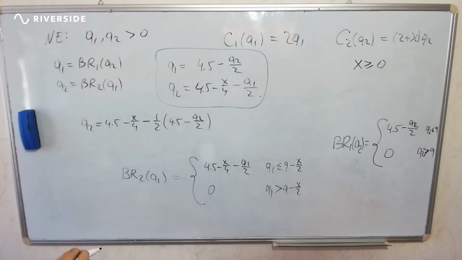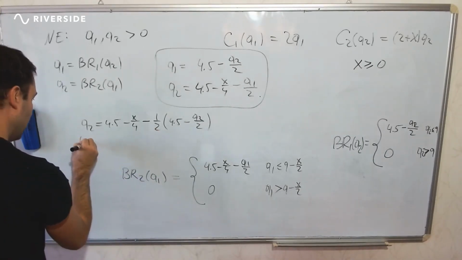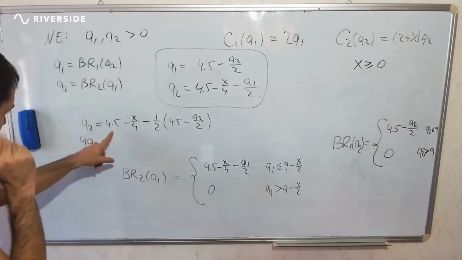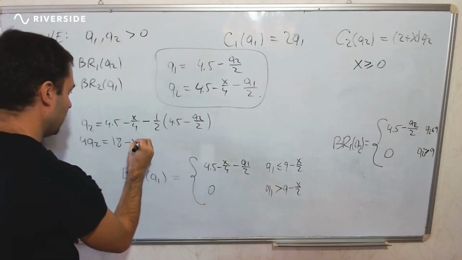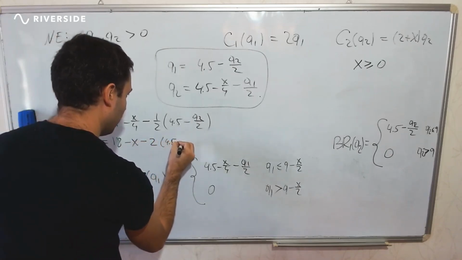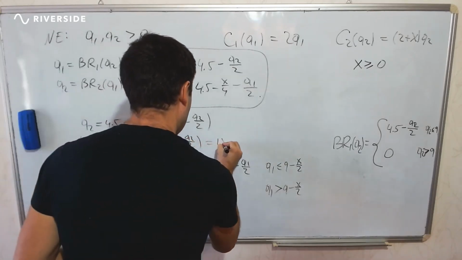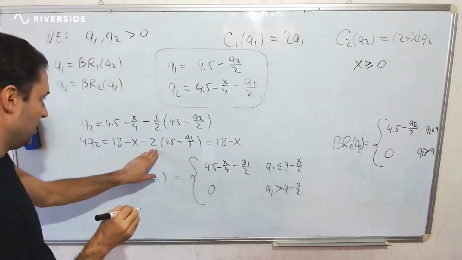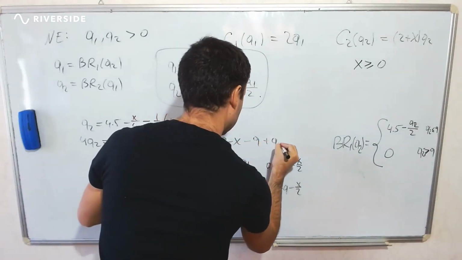The next useful thing to do will be to multiply everything by 4. So that's 9, so that's 18 minus x minus 2 times (4.5 minus Q2 over 2), or 18 minus x minus 9 plus Q2.